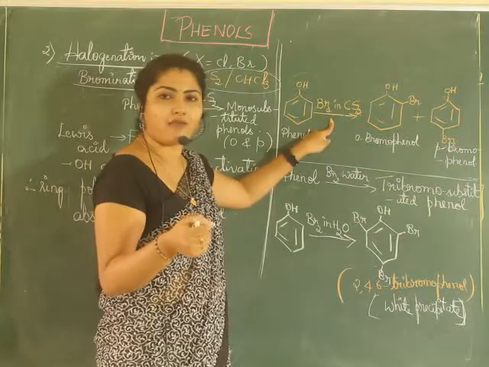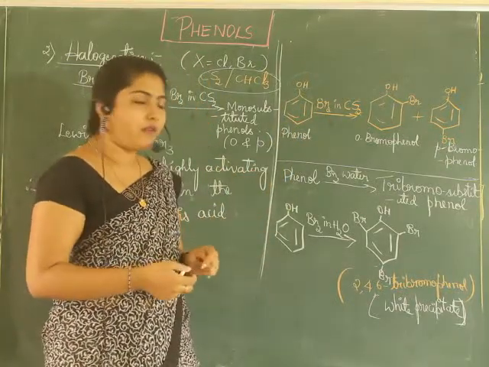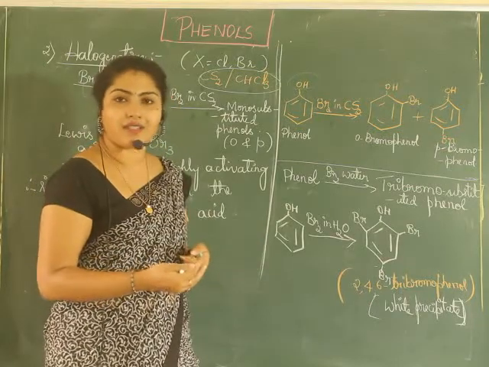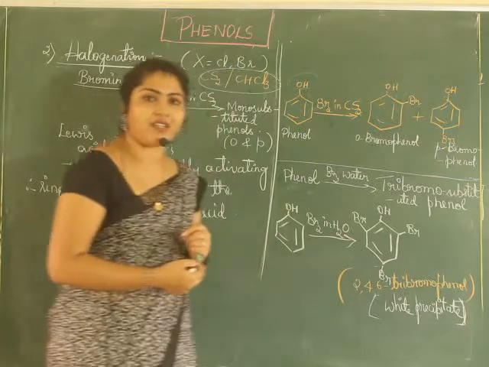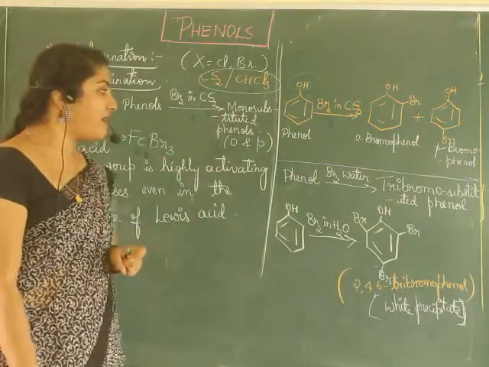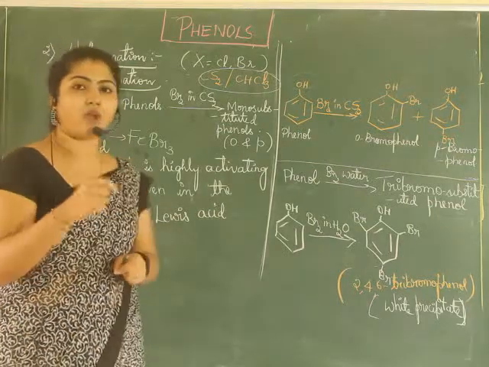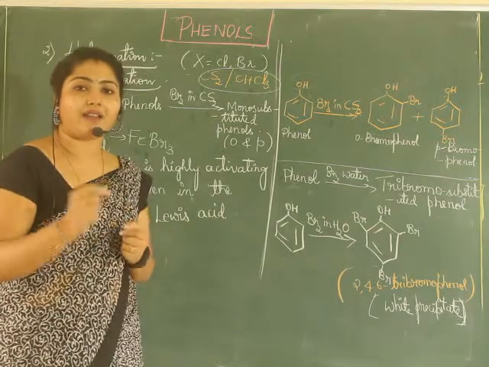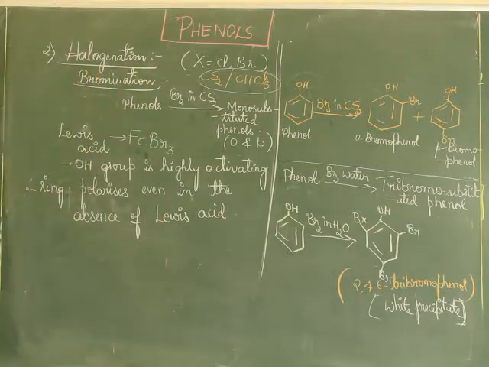So you need to understand what is forming and under what conditions it is formed. I hope it is clear. This is bromination, that is halogenation, an electrophilic substitution reaction. Two main, very important reactions are given, please note them along with the reagents, and practice the reactions as many times as possible. We'll move to the next important one.